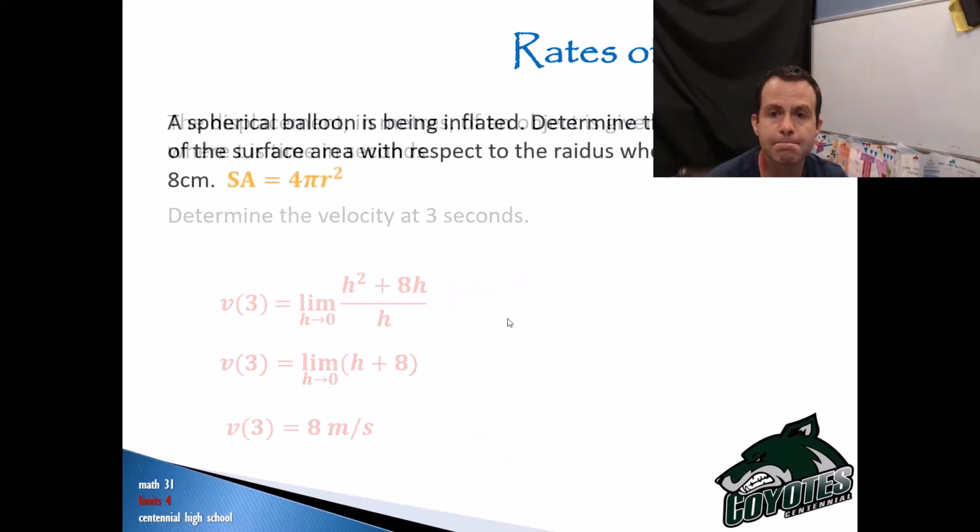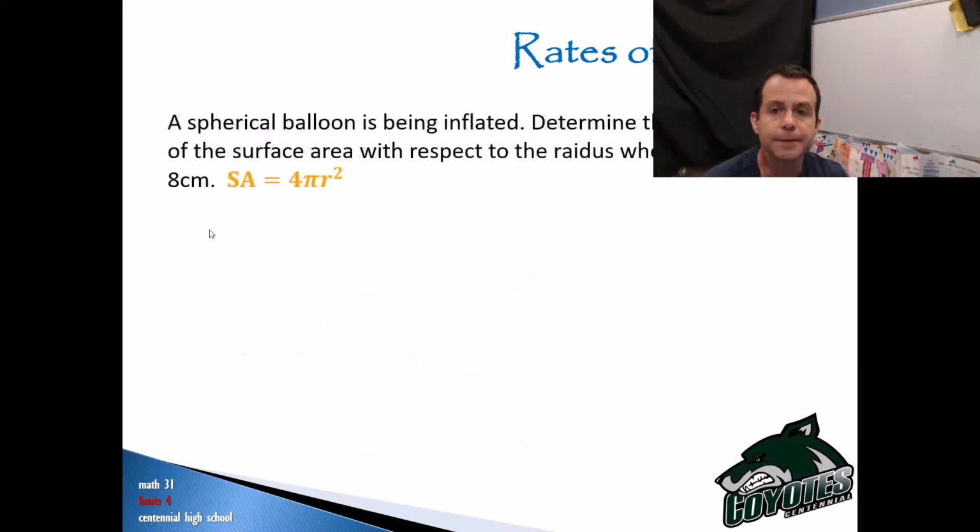Okay. All right, a spherical balloon is being inflated. Determine the rate of change of the surface area with respect to the radius when the radius is 8 centimeters. And I am going to give you the surface area formula there, just in case you don't remember. Surface area is 4 pi r squared.